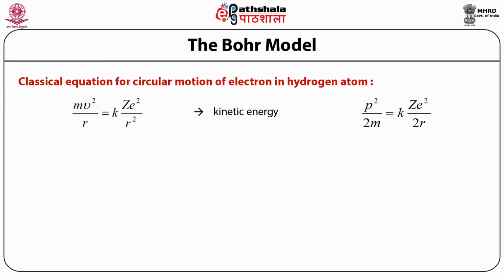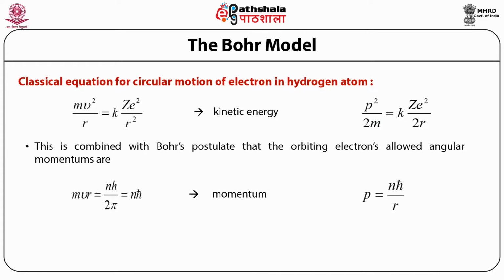Now the second point is the most important point. This is called Bohr's postulate. The first equation has to be combined with Bohr's postulate. And what is Bohr's postulate? It tells you that the orbiting electron's angular momentum is quantized, as it is called. That is, in the previous slide we have learned that mvr is the angular momentum of the electron.